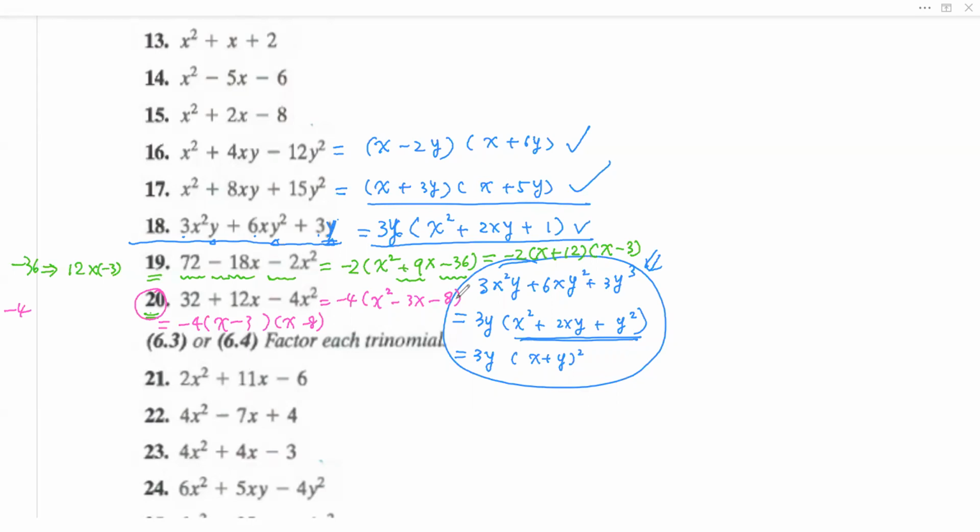Is it correct? For this part, -3 and -8 here would become positive 24, but here it is -8. So something is wrong somewhere in this one.